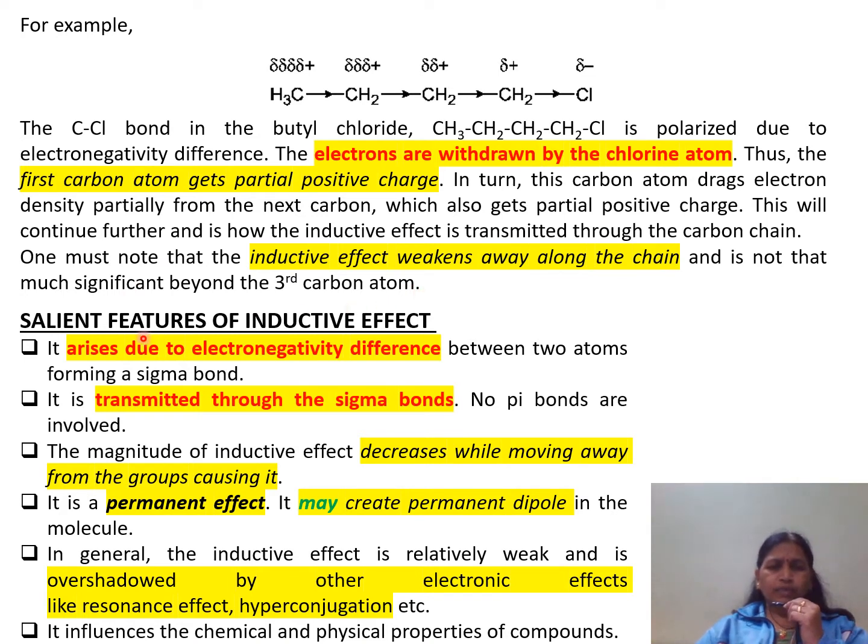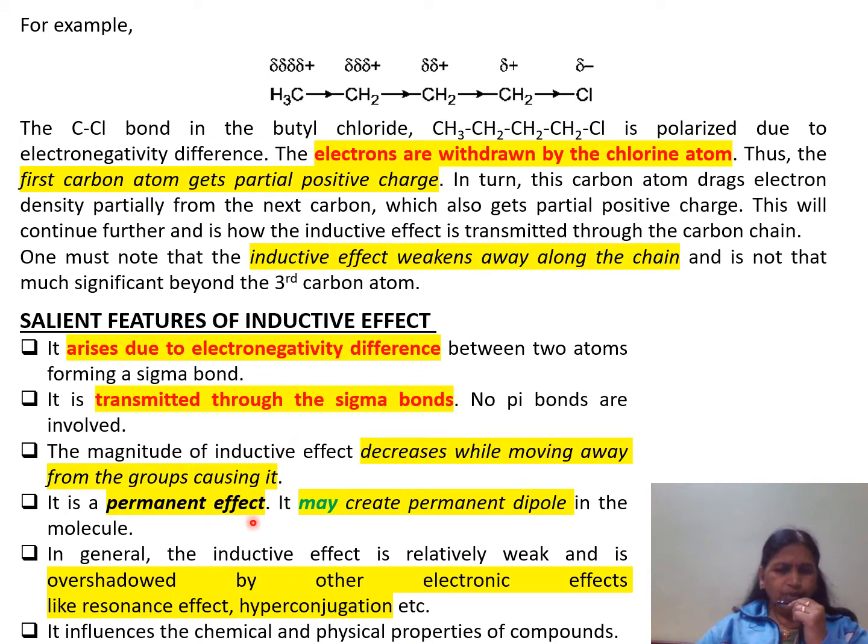Let us study the salient features of inductive effect. It arises due to electronegativity difference between two atoms forming a sigma bond. It is transmitted through the sigma bonds. No pi bonds are involved. The magnitude of inductive effect decreases while moving away from the group causing it.